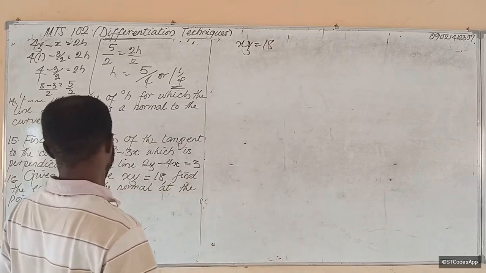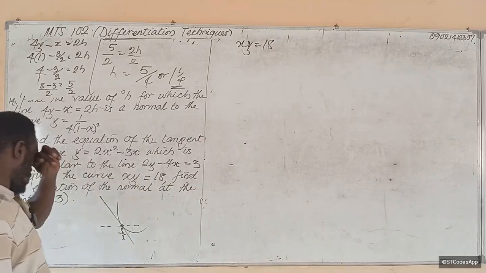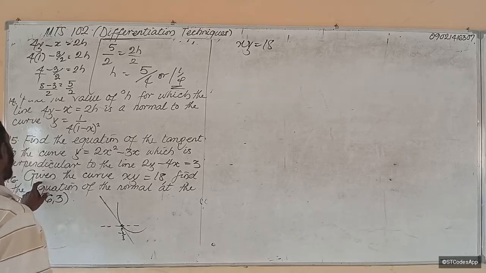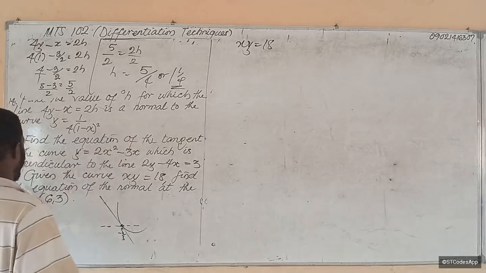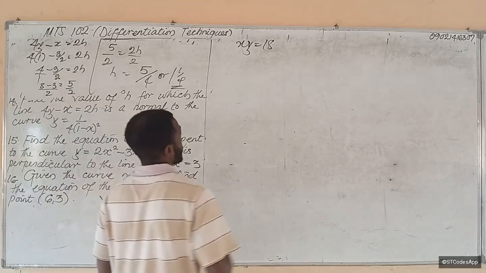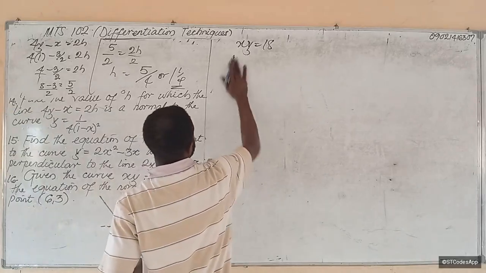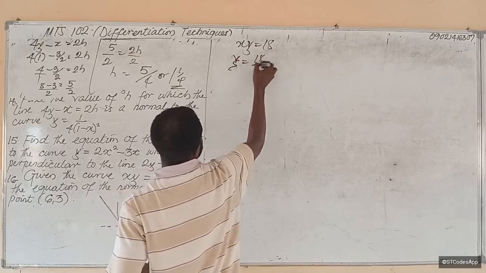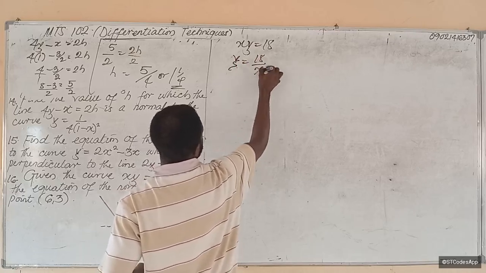Then xy is 18, so let's find the dy/dx there. First, y will be equal to 18 over x.